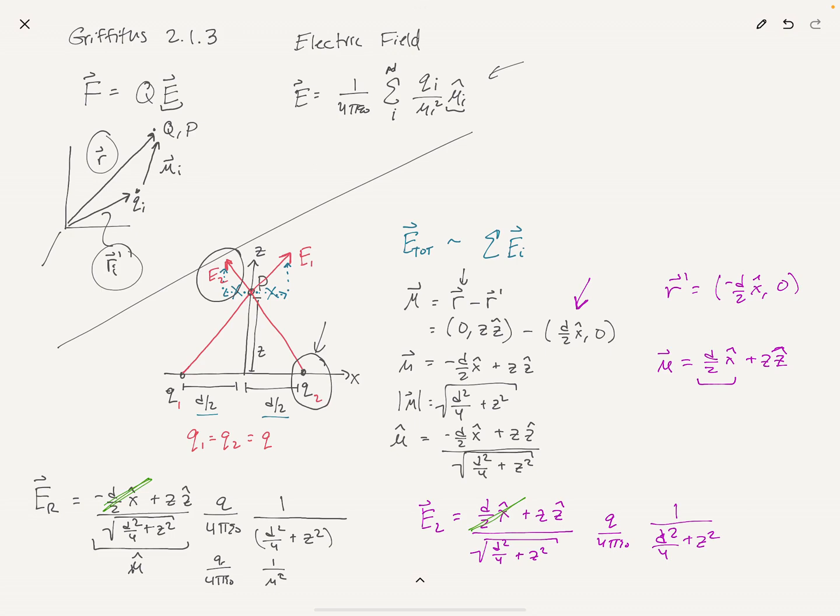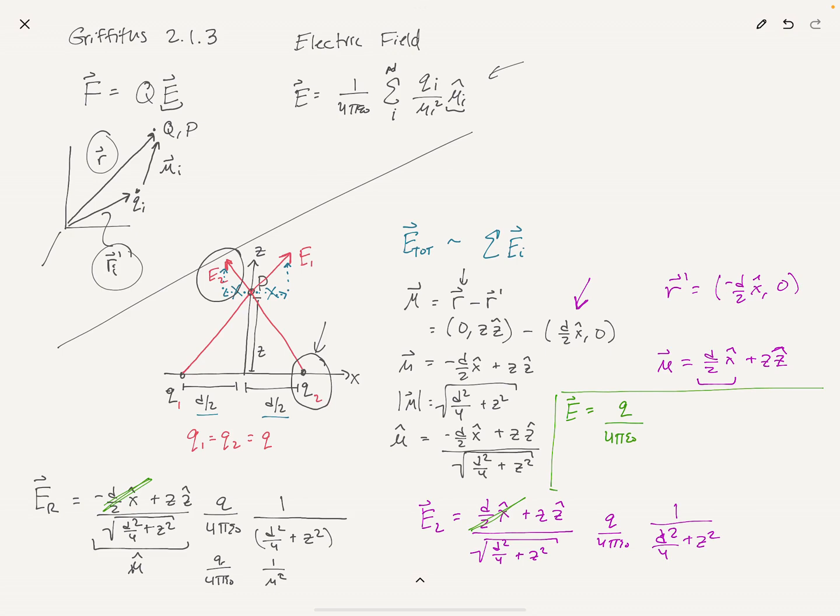And in the end, running out of space, I can add up my total electric field. These are just the exact same expressions, so I will rewrite it in compact form. 4 pi epsilon naught usually goes in front of the expression.